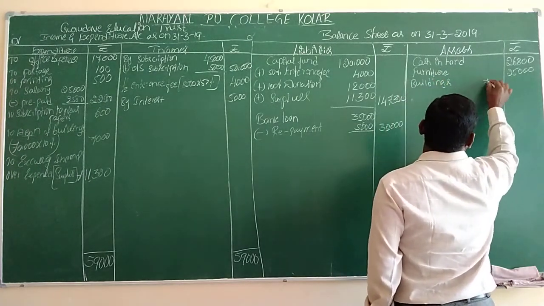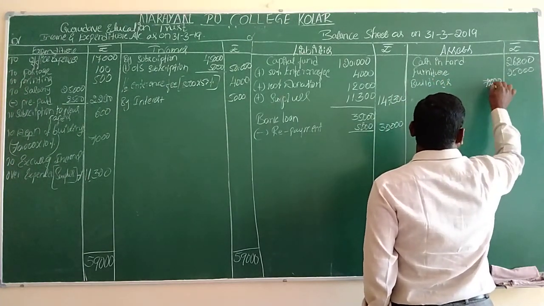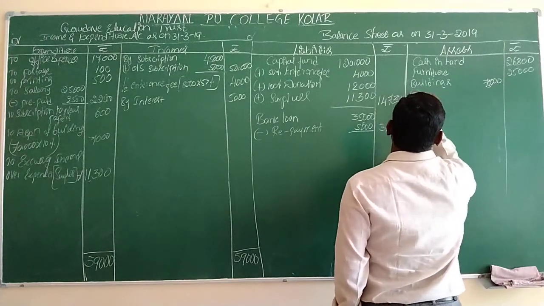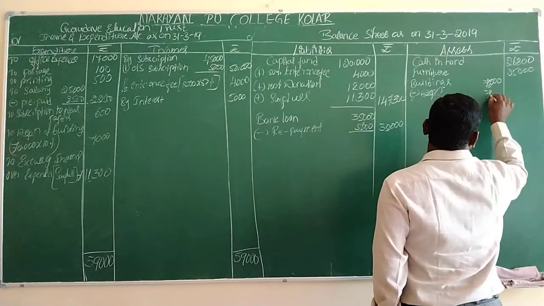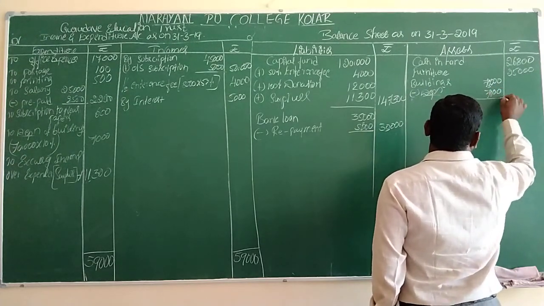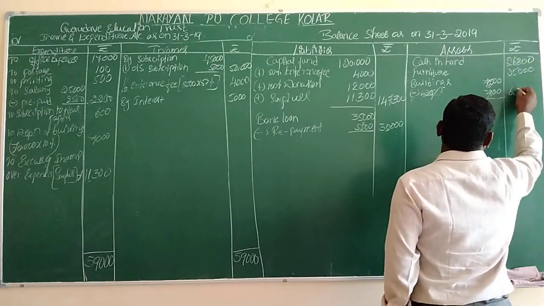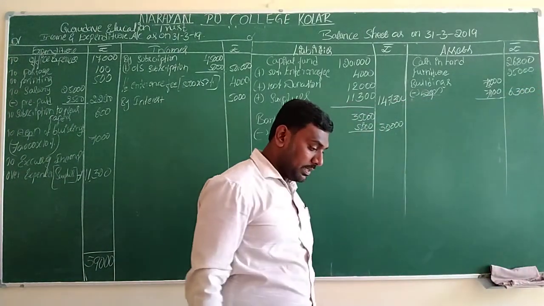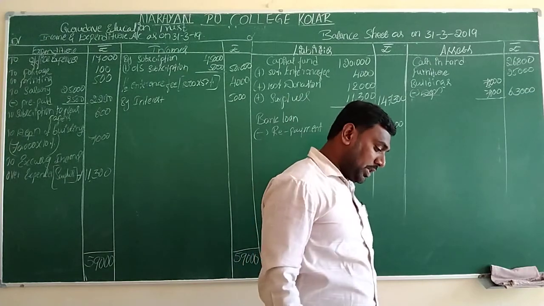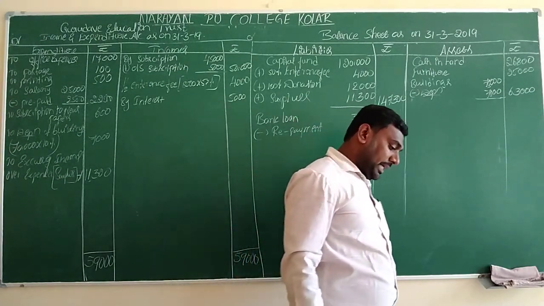The value of buildings is 70,000. We write in the inner column minus depreciation, that is 7,000. So 70 minus 7, 63,000 is the present value of buildings. After buildings, sports materials.